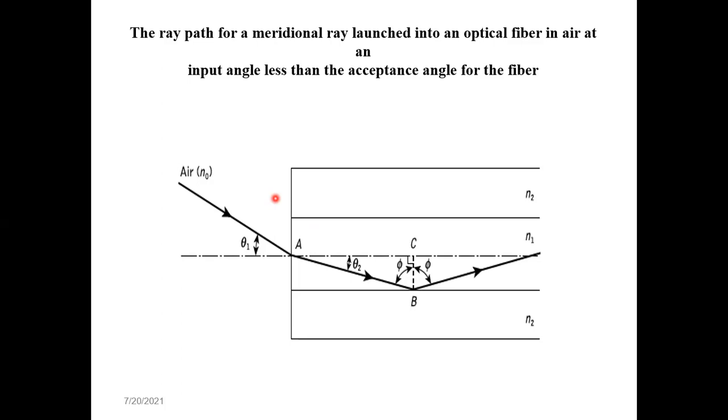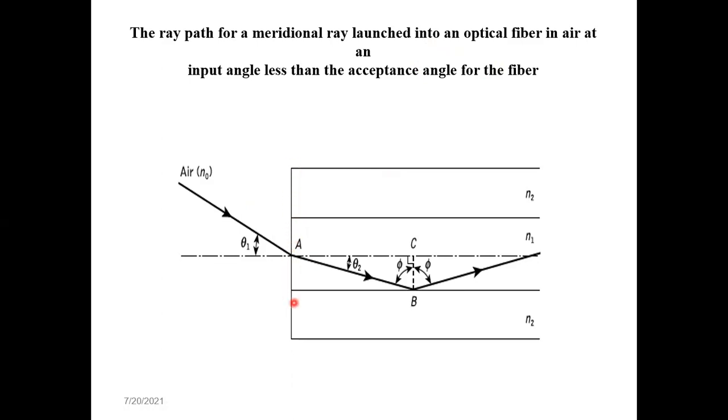Assuming the entrance face of the fiber to be normal to the axis, this one, we are talking of this one. So this is my normal, the face of the fiber.